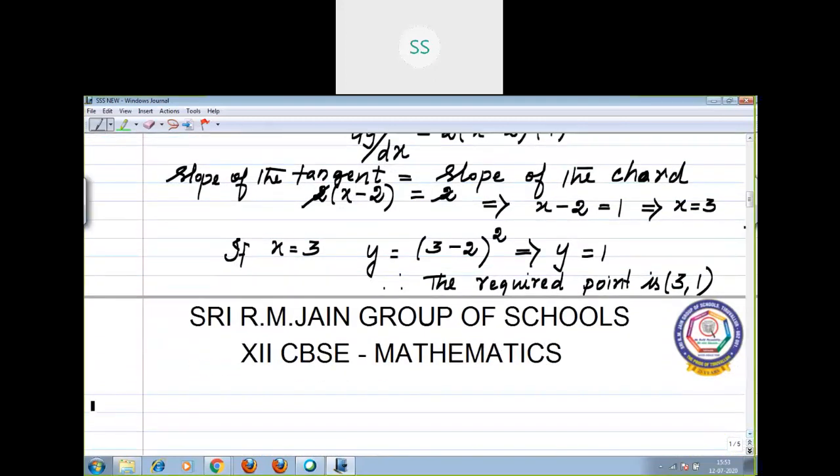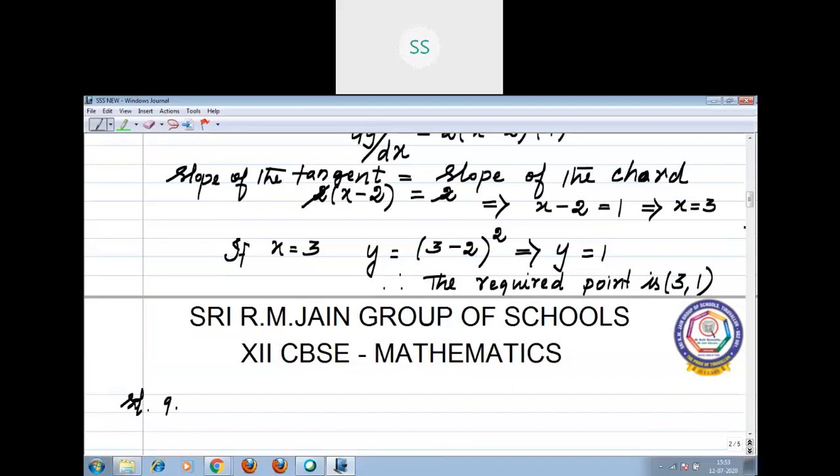Solution. Question number 9. What is given? Again, I read the question: find the point on the curve at which the tangent is. So the slope of the tangent to the curve is equal to the slope of the given tangent. What did I say, can anyone repeat? Yes, very good.